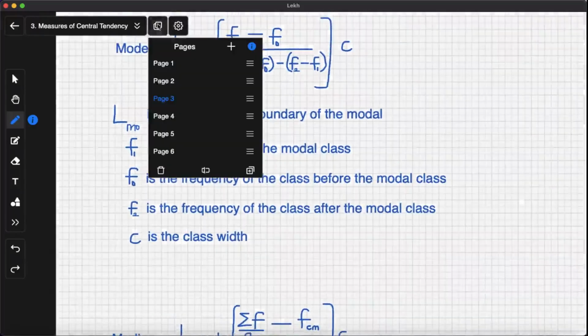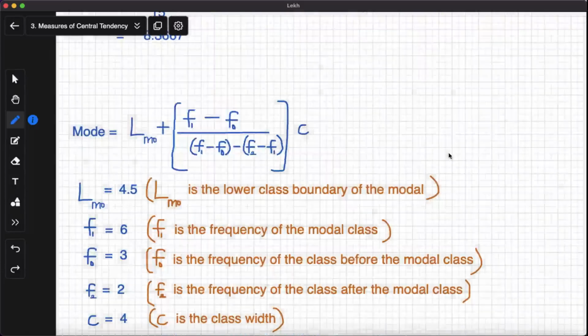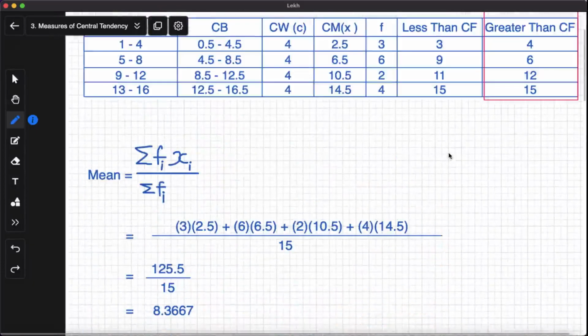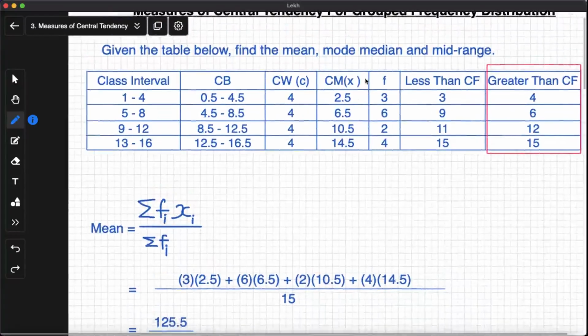Now let's go on and see how you could actually use these. When you have a grouped frequency distribution like this, the only difference between this and the one we did before is that now you're going to be using the class mid-mark as your X value. So the class mid-mark, X. You can see the X values now: 2.5, 6.5, 10.5, 14.5.